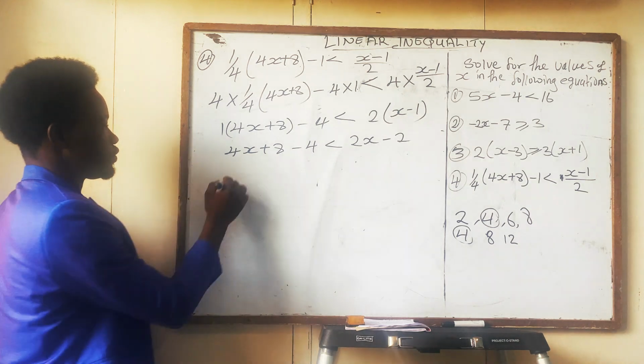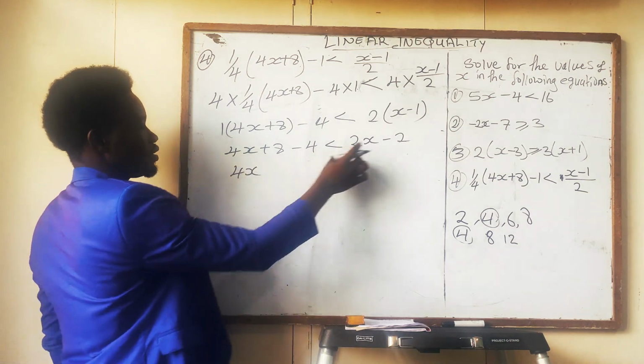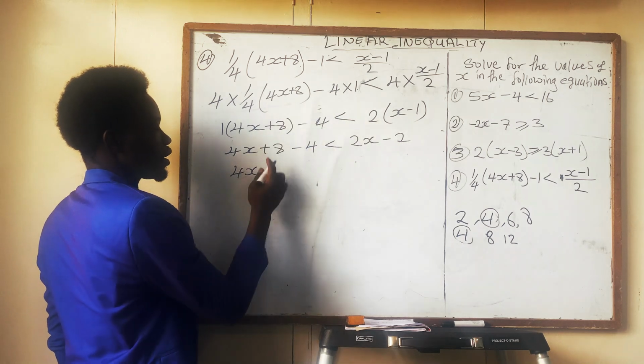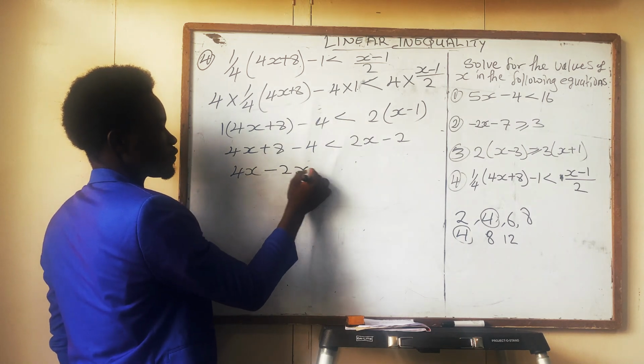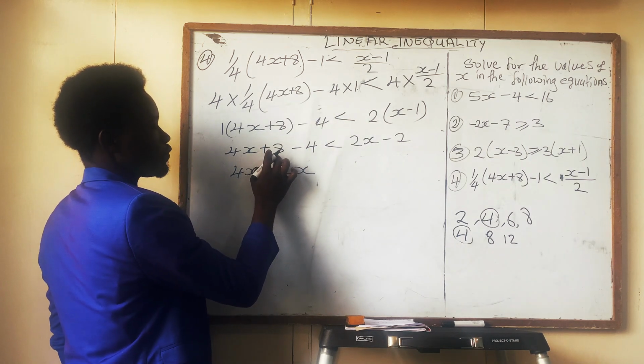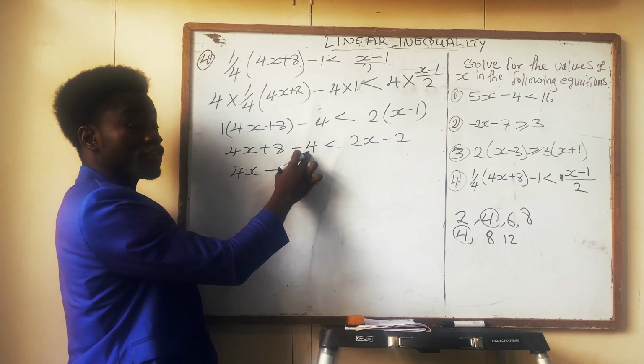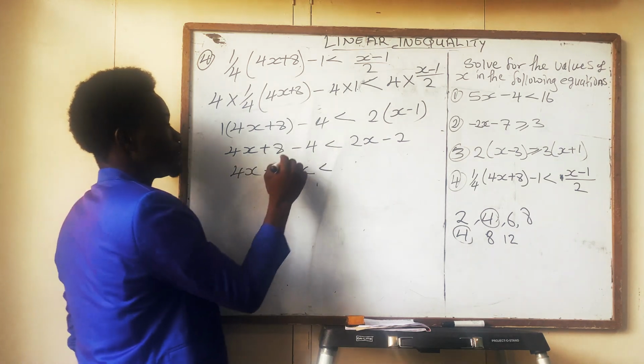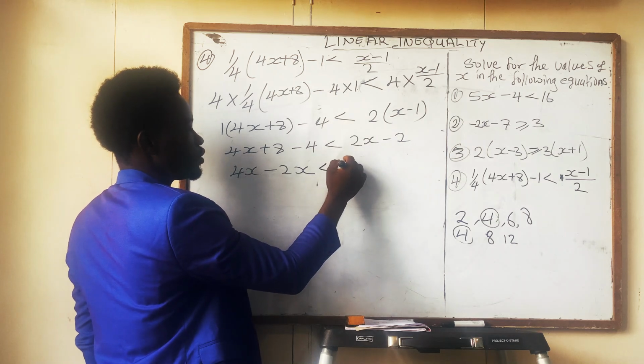Then group like terms. 4x, this is positive. Bringing it here will give me negative 2x. 8 minus 4 will give me 4, positive 4. And the positive 4 across the equal sign will give me negative 4.